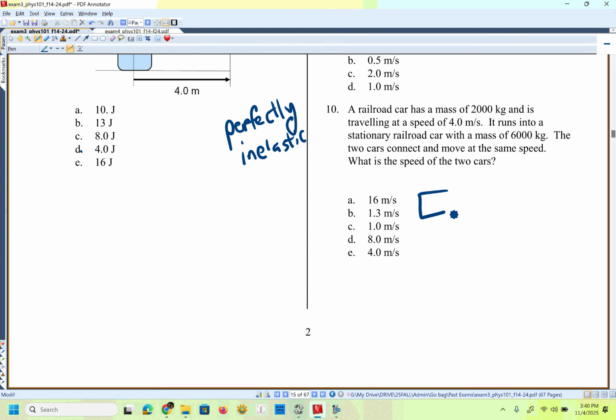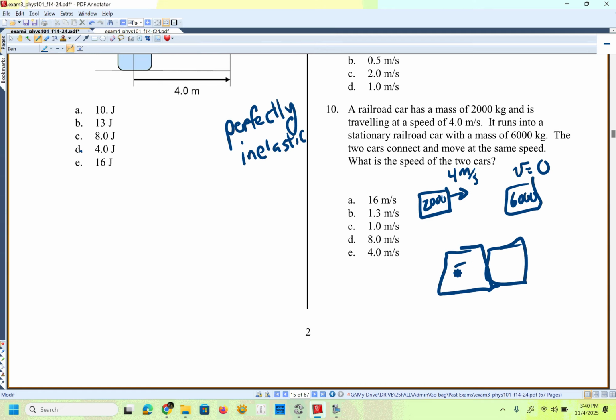So I have these two cars, and this one is traveling at 4 meters per second, and this one has a speed of 0. And this one is 2,000 kilograms, and then this one is 6,000 kilograms. And I want to know, after they stick together, and by the way, when they stick together, they're going to have a combined mass of 8,000 kilograms. What is their velocity going to be?